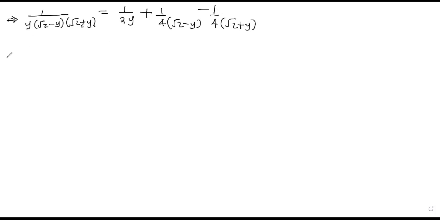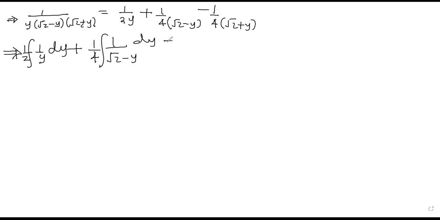Meaning that when you integrate now, it will imply that it will be the integral of 1 over 2, then 1 over y dy, plus a quarter integral of 1 over √2 minus y dy, plus integral of negative a quarter 1 over √2 plus y dy.